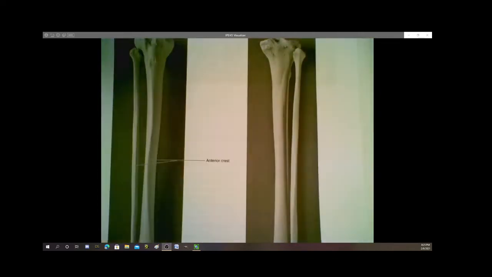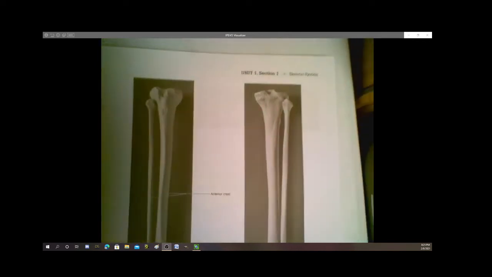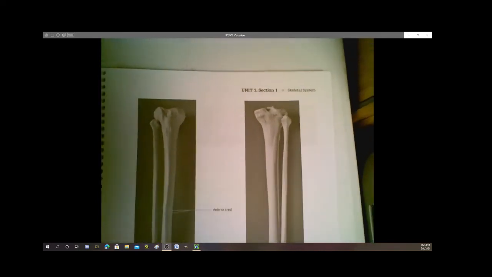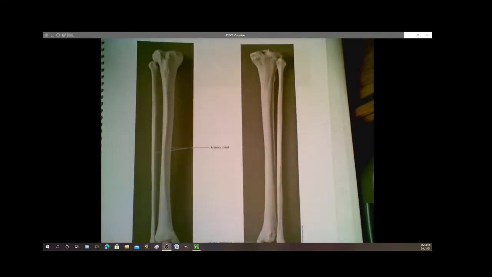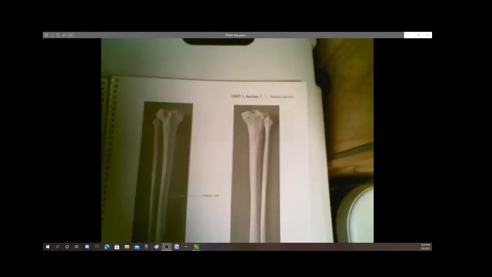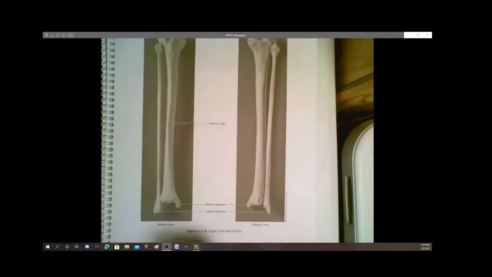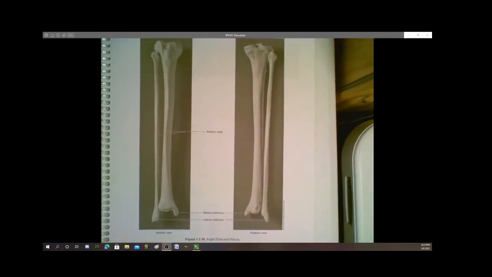Then we've got our two lower leg bones. The two lower leg bones are called the tibia and fibula. Oops, sorry. I got to get my document camera set up. So the tibia and the fibula are going to be your shin.